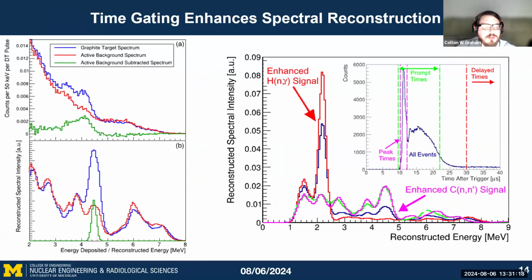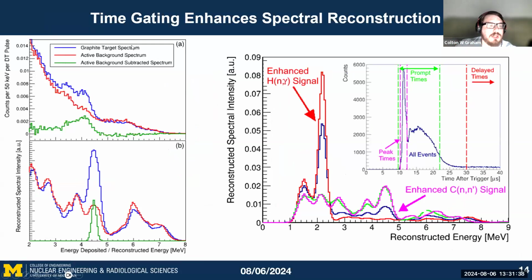Now, showing some examples of fast neutron active interrogation measurements, we show here a measurement with a graphite target, pure carbon. Well, the major signature that we anticipate is the 4.4 MeV gamma ray from fast neutron inelastic scattering on carbon-12.